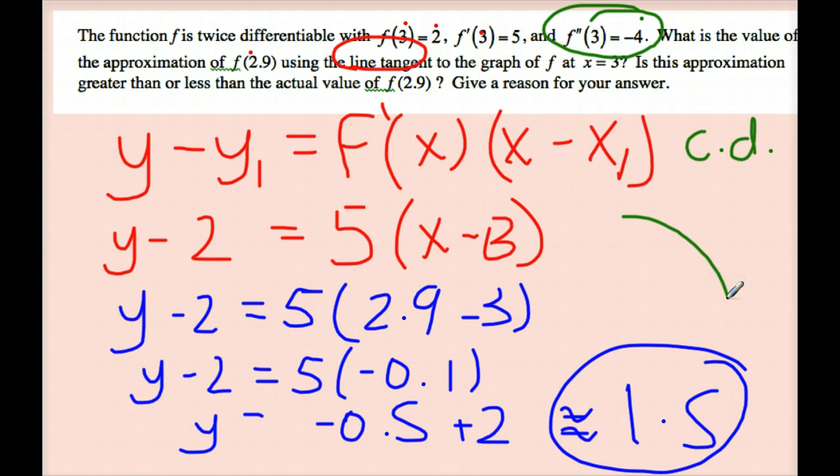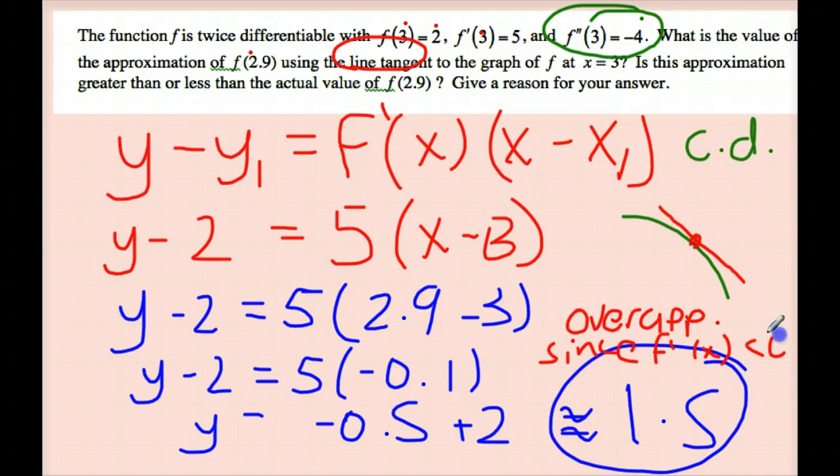If I draw a tangent line, my approximations are all above that green line, which means this is an over approximation. The answer is over, since f double prime of x is less than 0. Perfect. Let's do the next one.